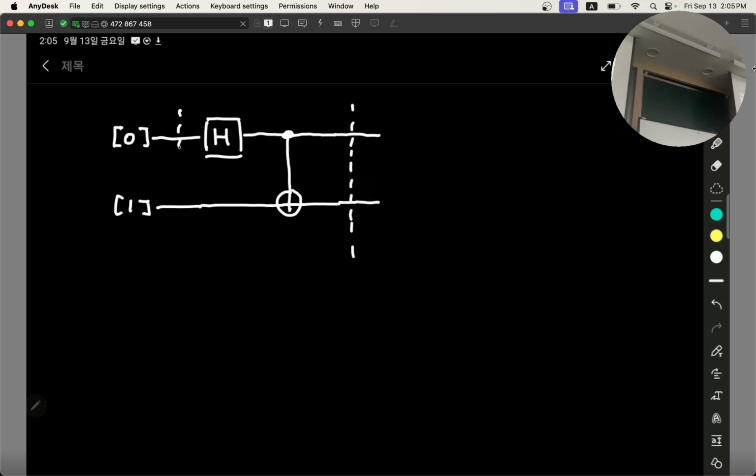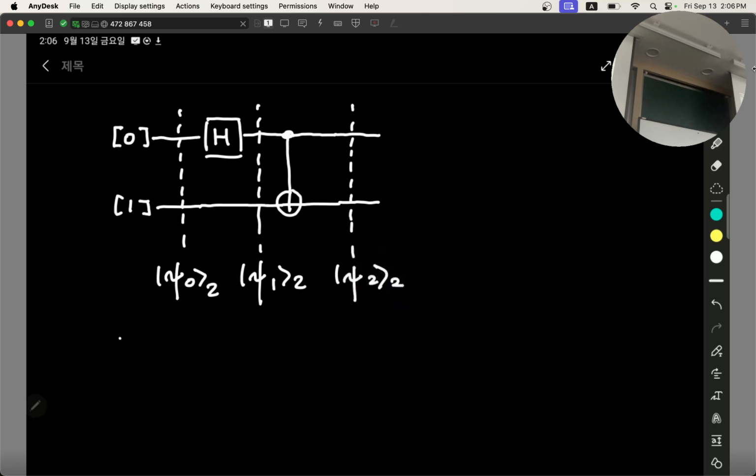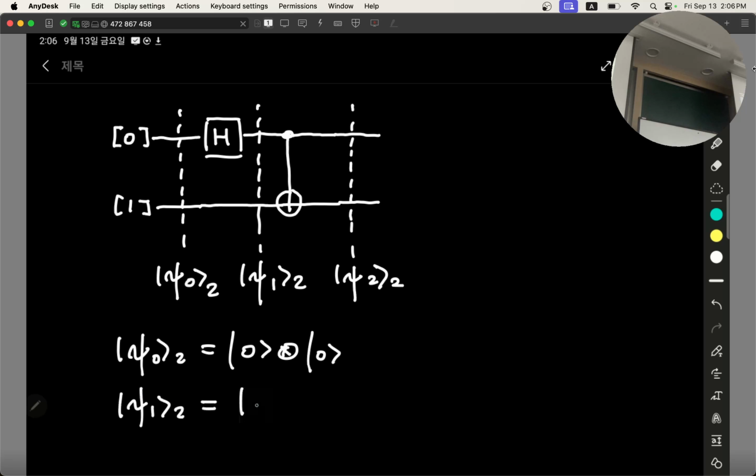Right. So here I'm going to separate it into 3 pieces. Here we have the first state, here the second state, the third state. The first state is 0 tensor 0. But in the second state, I applied Hadamard on the 0, so it's going to be 1/√2 of 00 plus 10.